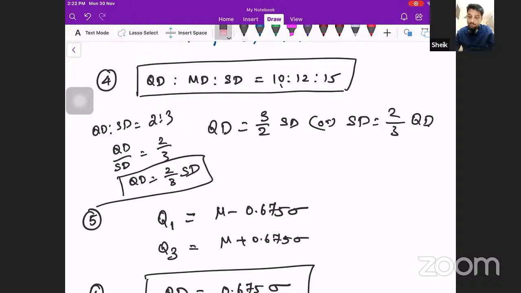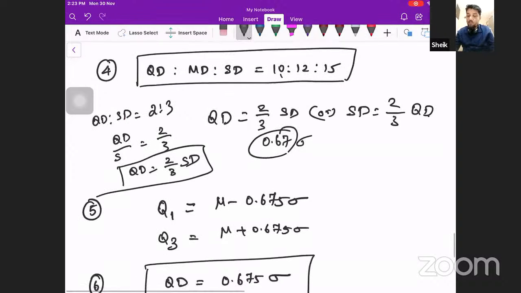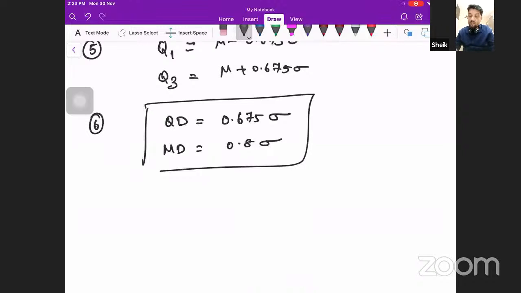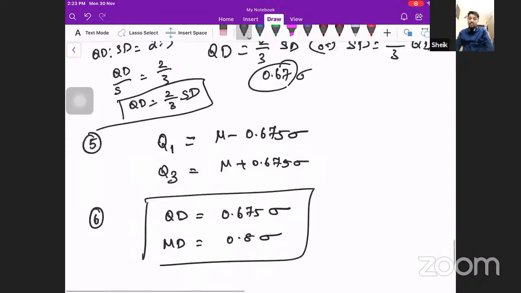Sorry, this is actually 2 by 3. So what we are getting is approximately 0.67 sigma. This is what I'm writing: 0.675 sigma. MD is equal to 0.8 sigma. Please write this.